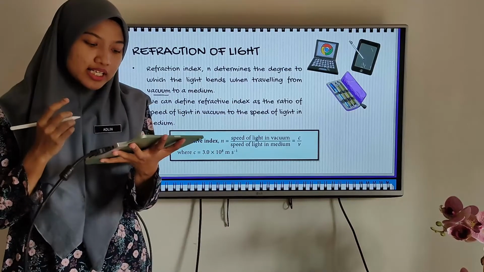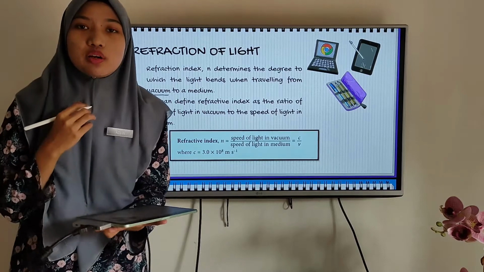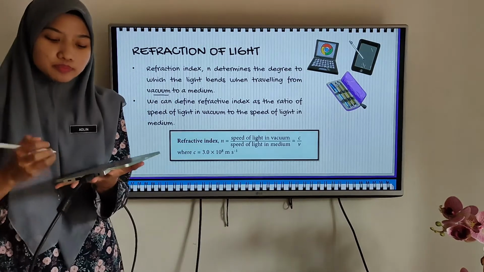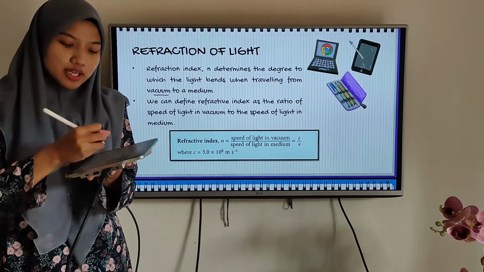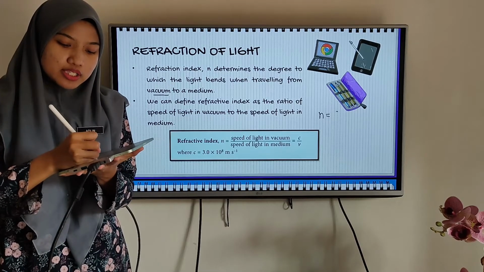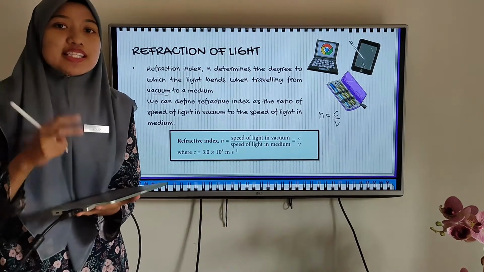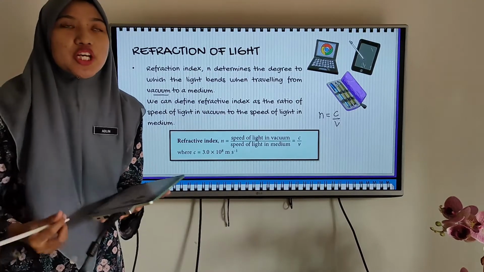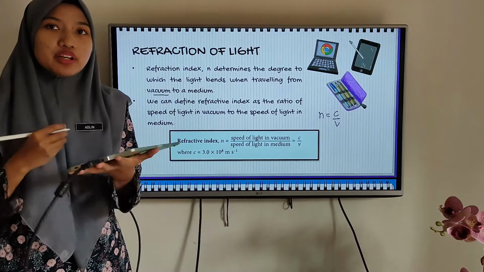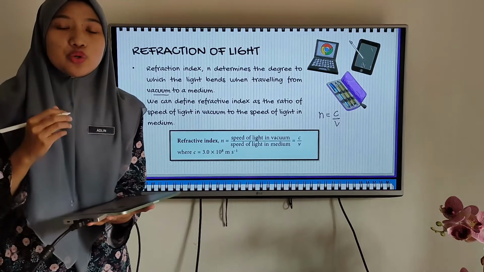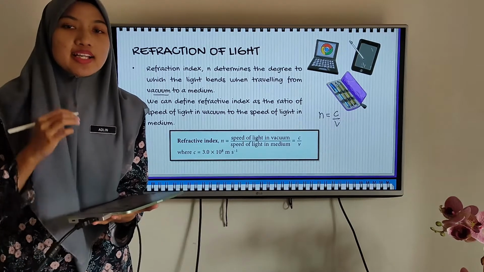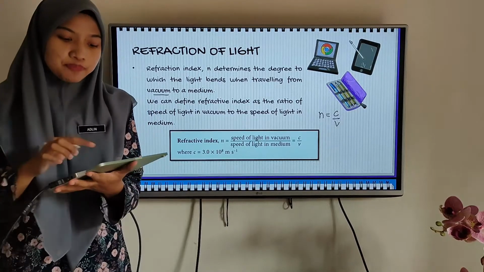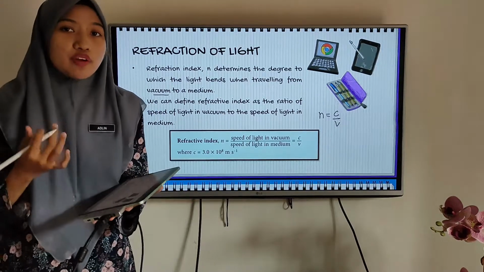So when the question asks you to find n, you have to use n equal to c over v. The second formula you have to remember is for when the question asks about the refractive index and you have the angle of the incident ray and the angle of the refracted ray.